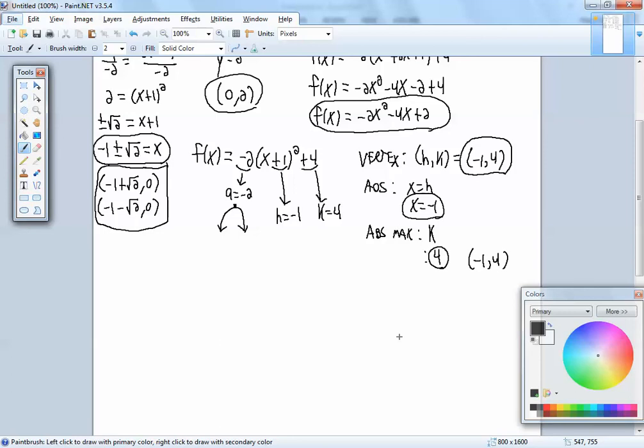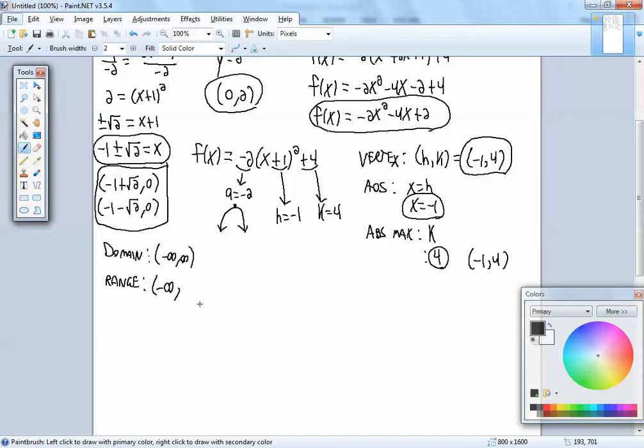Okay, now domain. Domain is always easy. For a quadratic, it's always -infinity, +infinity. Now our range is based upon whether the graph opens up or opens down. We said our graph opens down, so it's going to -infinity, comma, and then the other value that we put here will be the y part of our vertex.